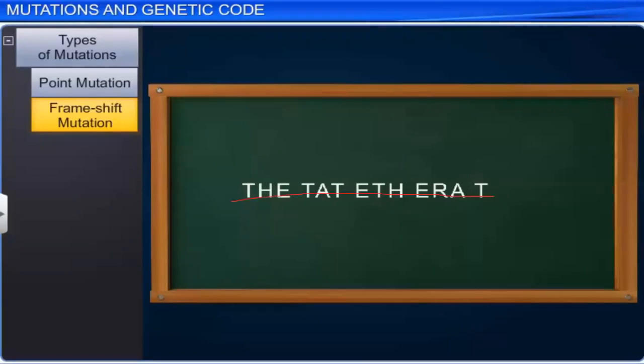From here, "the", there is no change, no mutation happens, so it is intact. The problem came from this area, from where "cat" changed, so C and A were deleted.